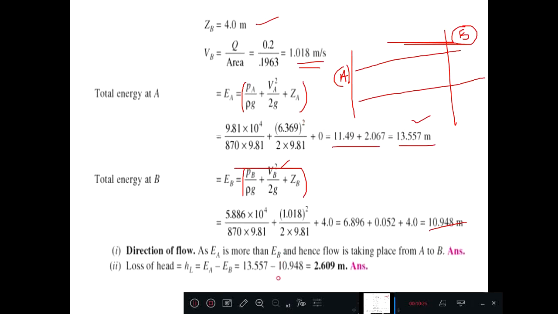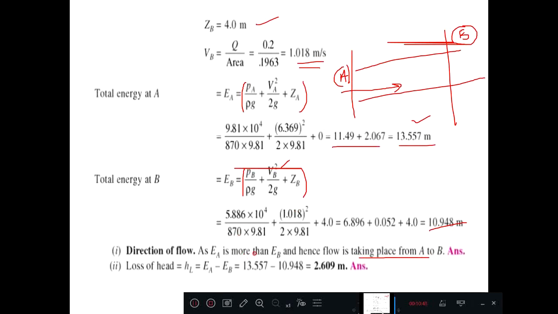Since in this case the energy at A is more than the energy at B, the flow takes place from A to B. If the energy at B were more than at A, the flow would be from B to A. Here energy is more at A, hence the flow will be from A to B.